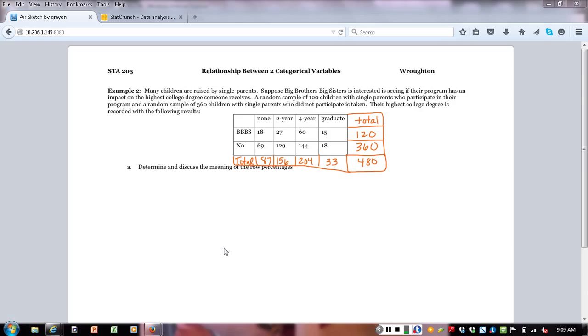Alright, so if we want to get the row percentages, we first need to calculate them. They are actually part of your output, but let's make sure we would know how to get them. So when I get my row percentages, I'm going to quickly redraw my table.